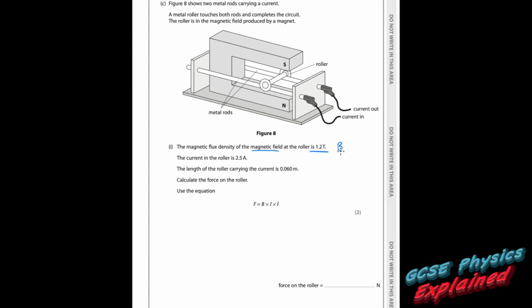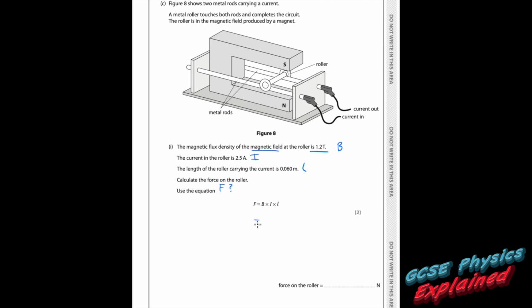So that's B. The current in the roller is 2.5 amps, so that's I. The length of the roller carrying the current is 0.06 meters, so that's L. Calculate the force on the roller.